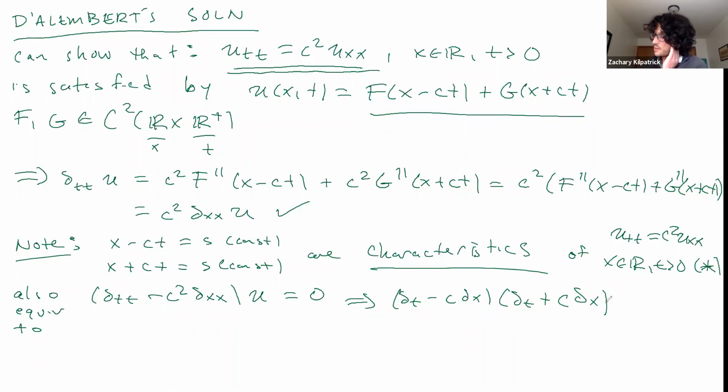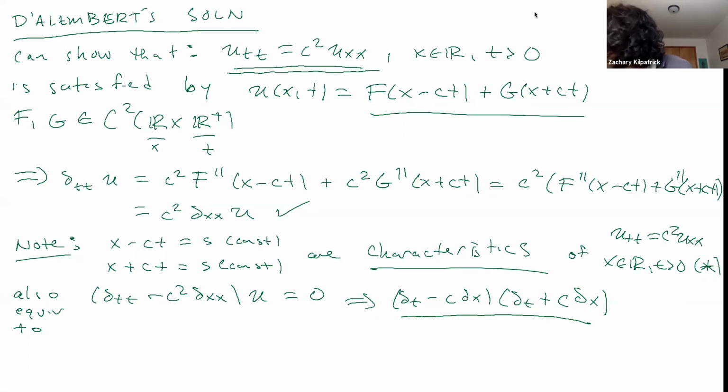So if I apply this operator and then I apply this, or if I apply this operator first and then I apply this operator, that's the same as just applying this operator here.